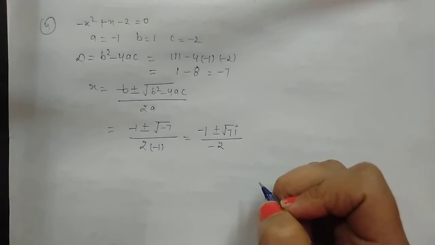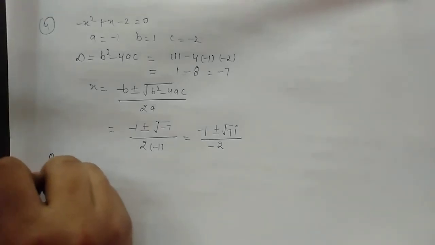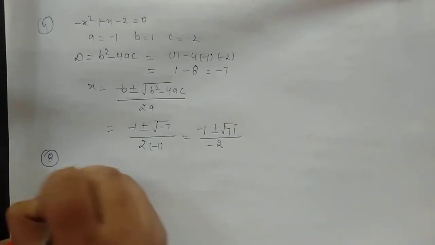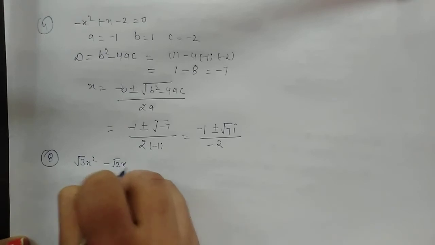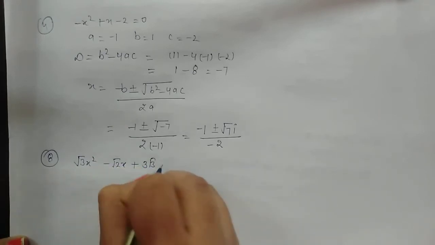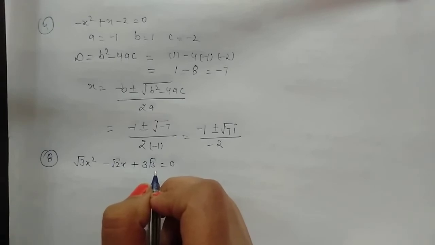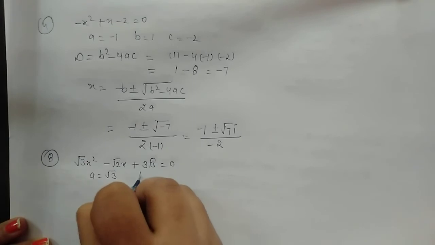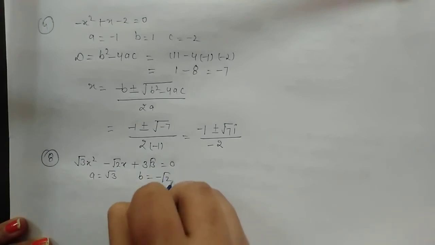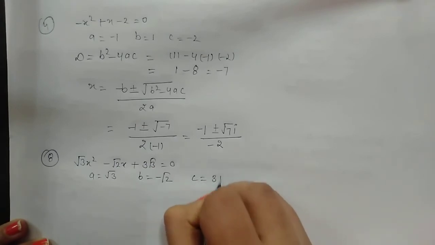Now we randomly solve a question. We take question number 8. We have question number 8 as root 3 x square minus root 2 x plus 3 root 3. What we do in this type of question, again we have a equals to root 3, b equals to minus root 2, and c we are having 3 root 3.